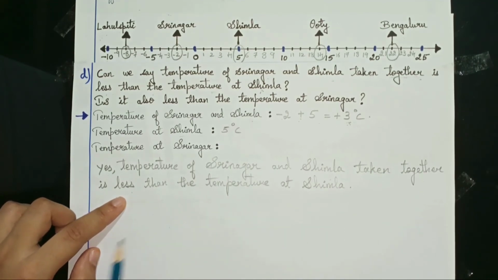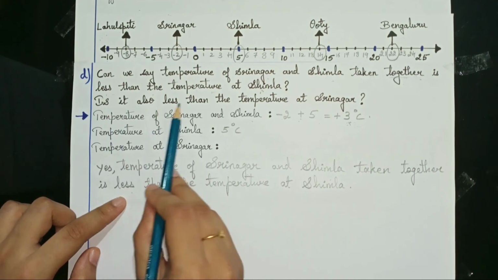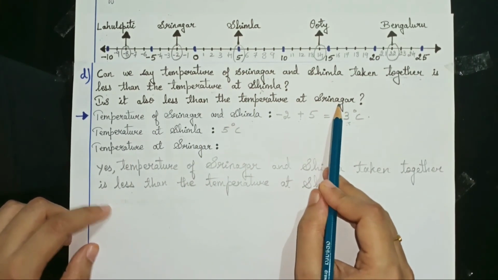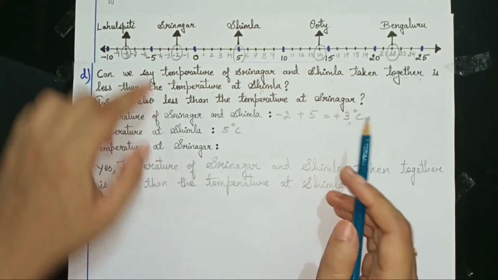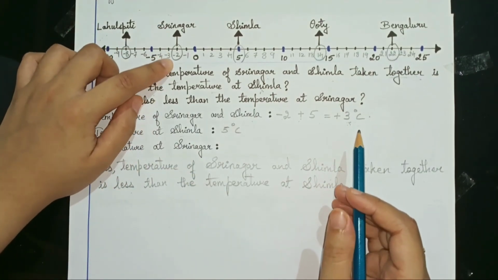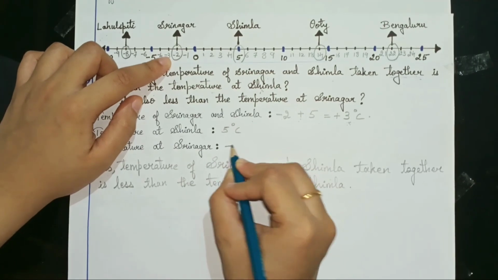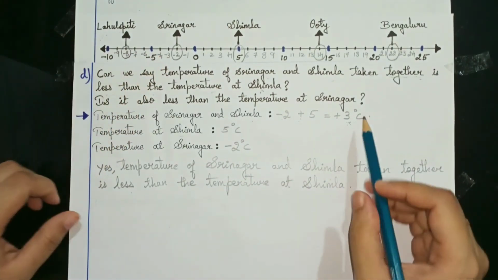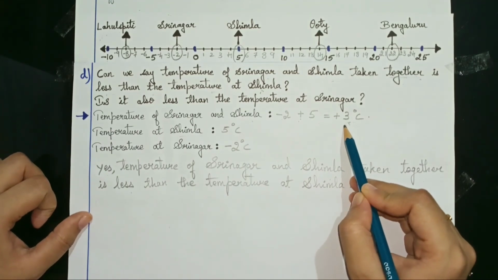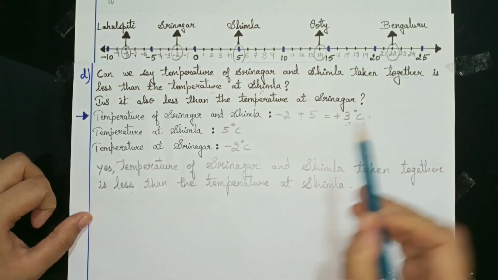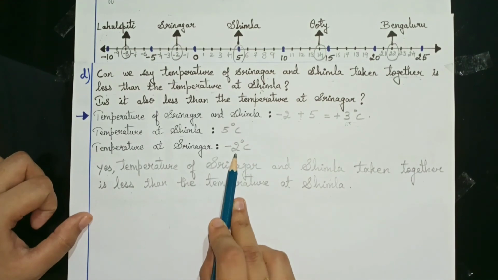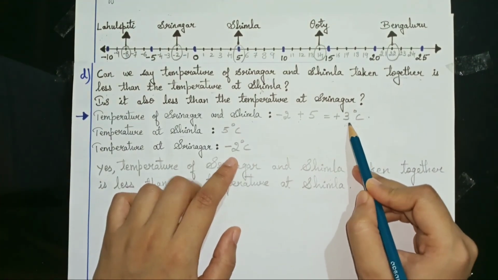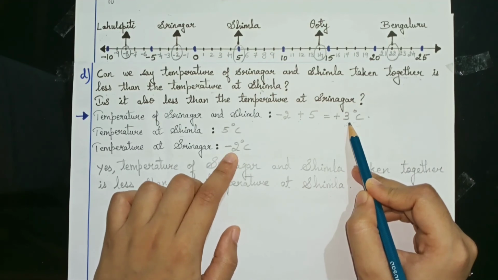Next, what they have asked is, is it also less than the temperature at Srinagar? So first let us write the temperature of Srinagar here. Srinagar's temperature is minus 2 degrees Celsius. Now they have asked us to compare the together temperature of Srinagar and Shimla with the temperature of Srinagar. Now tell me which is less here, +3 or -2?